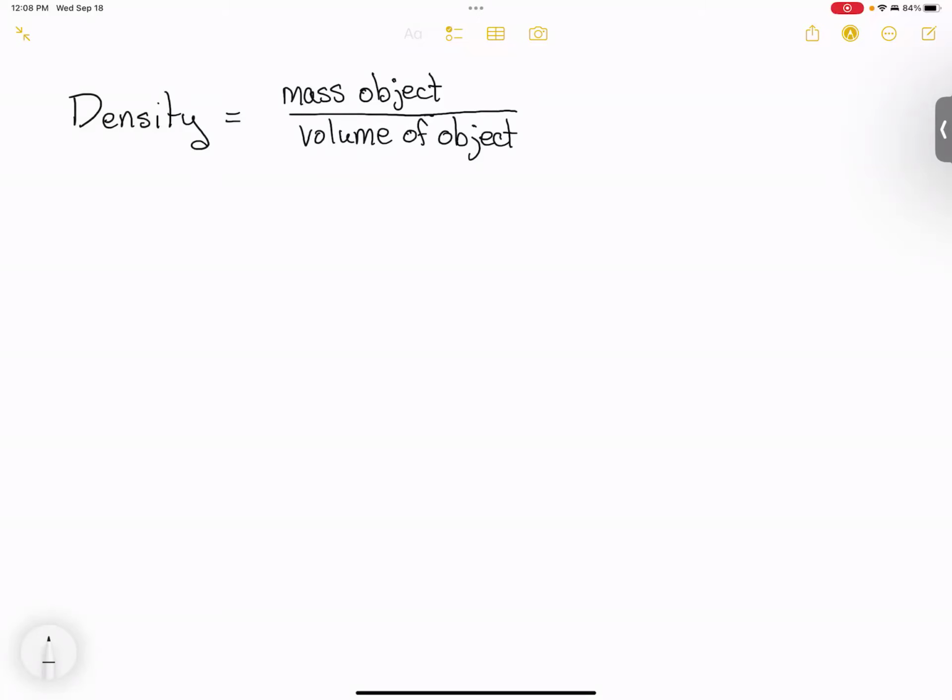Mass can have the units of grams or kilograms or even pounds. It is a weight unit. The volume of the object can come as milliliters, liters, centimeters cubed, or a variety of other volume units.